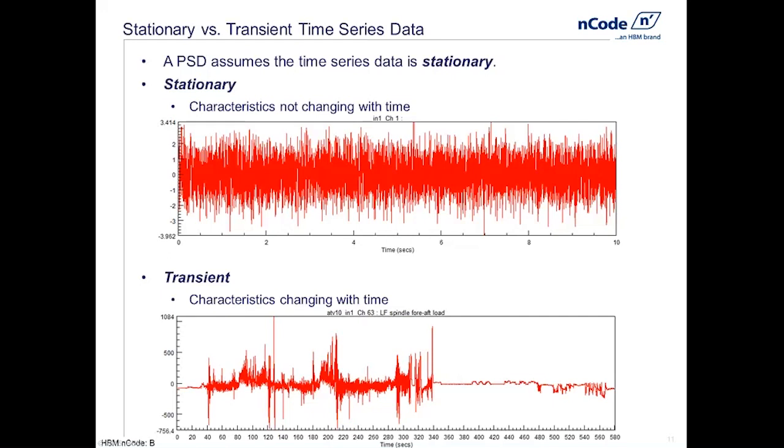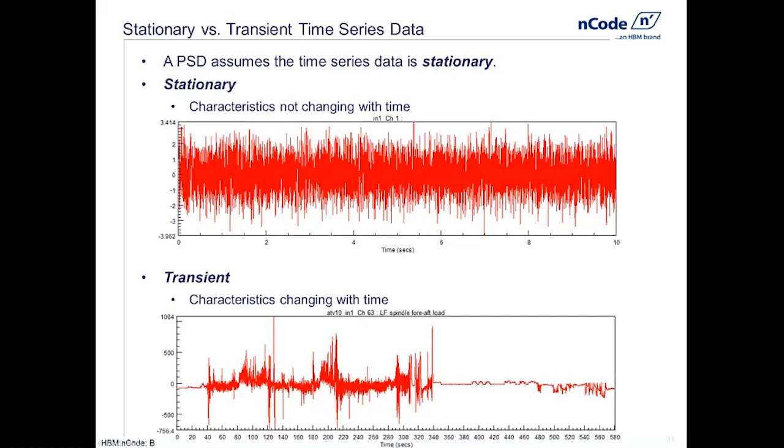Some wave loading may be quite predictable and follow a distribution of peak wave heights. But if there's a rogue wave that slams into the oil structure at some point, that causes a transient response. So the question here is, if we have transient data like this, how well can we represent those transient peaks in the frequency domain?